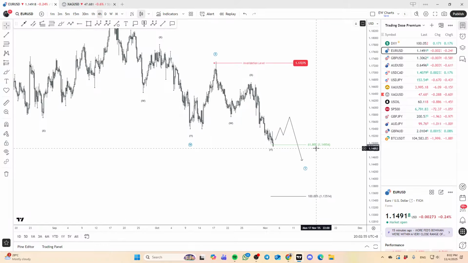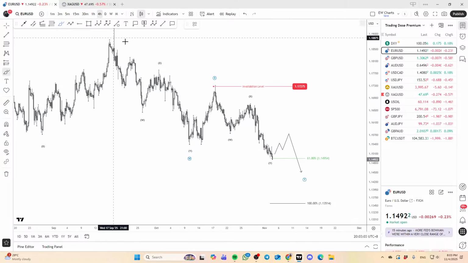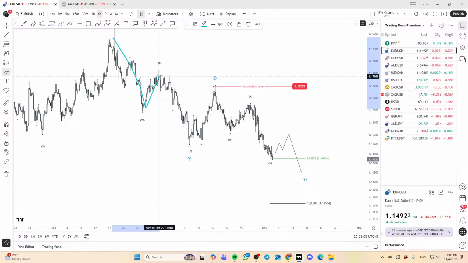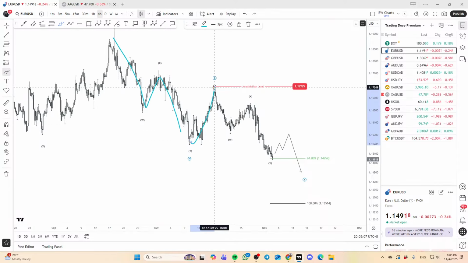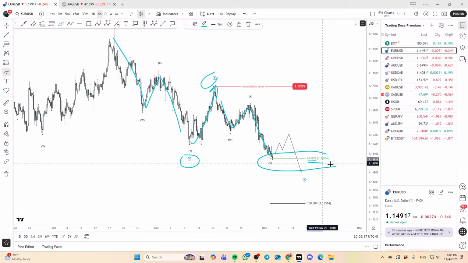Right now we are testing that 618 extension. From the Elliott wave Fibonacci measurement, you can very clearly see the structure. You have the black WXY, the market pushes up, so this forms the blue W, this forms the blue X, and then we have that internal WXY as well, coming very nicely towards the 618.